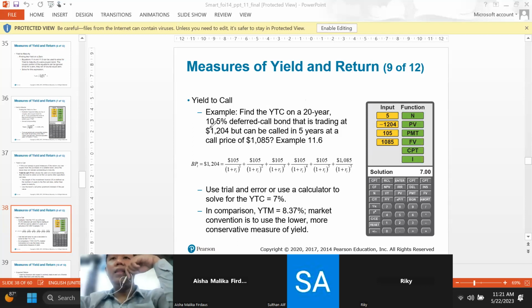So they're selling at a premium, but it can be called in 5 years at a call price of 1,085. So the issuer can repay the face value in 5 years at a call price of 1,085 US dollars.